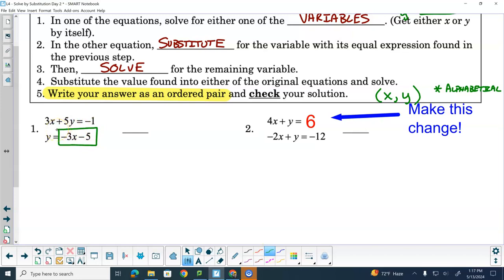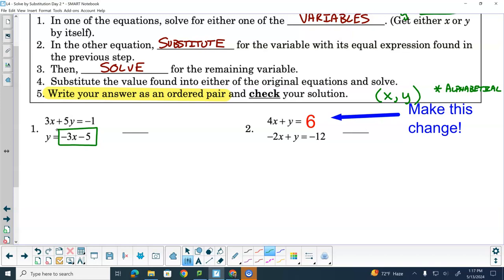Okay? Ash, where are we going to stick that? Green box, where are we going to put it? It's step number 2.